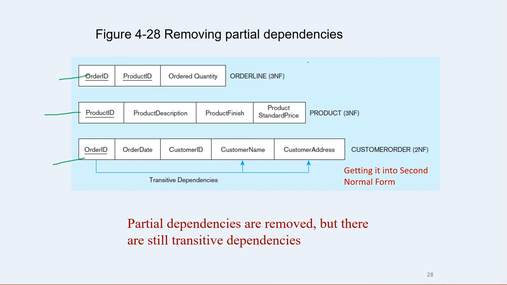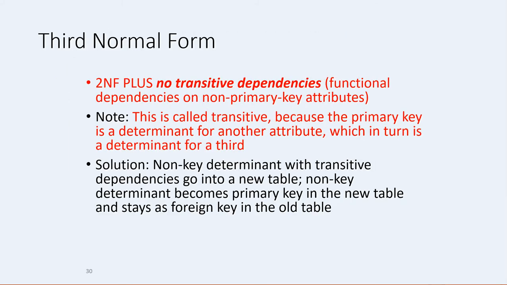Now let's see what 3NF says. 3NF says that you have reached 2NF plus no transitive dependency. What does transitive dependency mean? Let's understand that, and I think once you understand it, it's pretty straightforward.